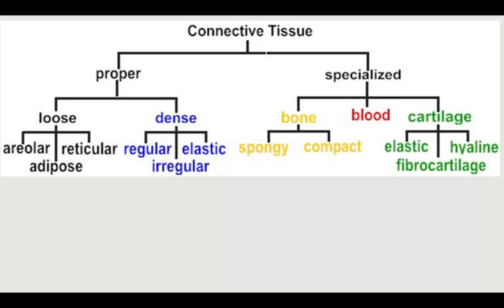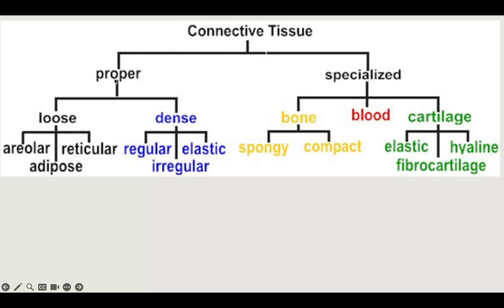Then, within mature connective tissue, it gets broken down into proper and specialized. Okay? Let's talk about proper first. In connective tissue proper, we have two subcategories, loose and dense. When we're referring to loose and dense, we're talking about the protein fibers, okay?